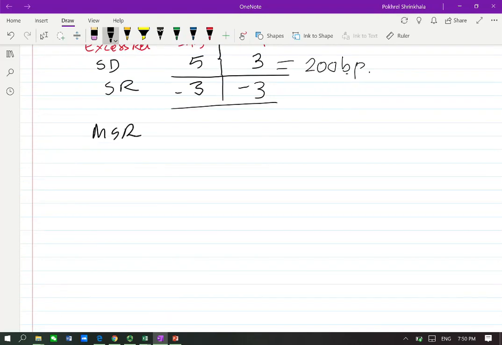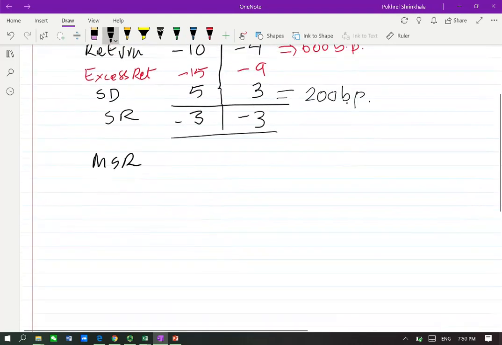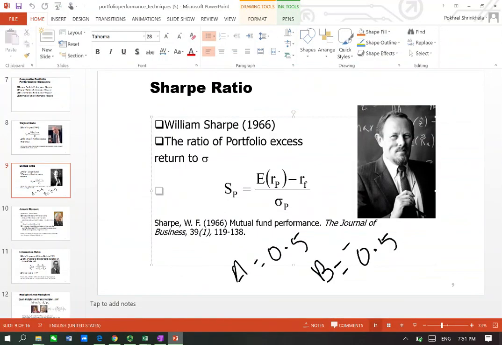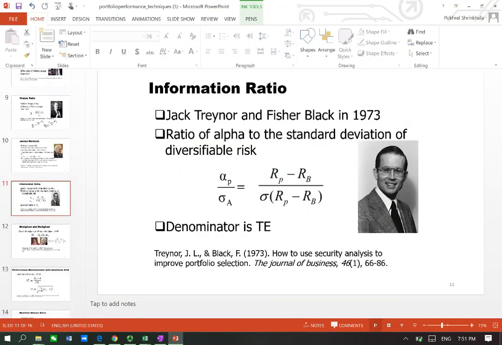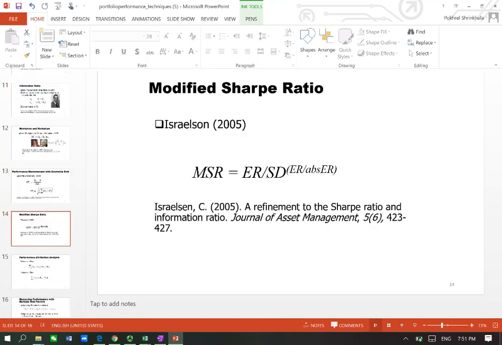Okay, so in the case of modified Sharpe ratio, as we said, this is the formula. Modified Sharpe ratio developed by Israelson 2005. Excess return divided by standard deviation. The exponent component is excess return again divided by the absolute of excess return.